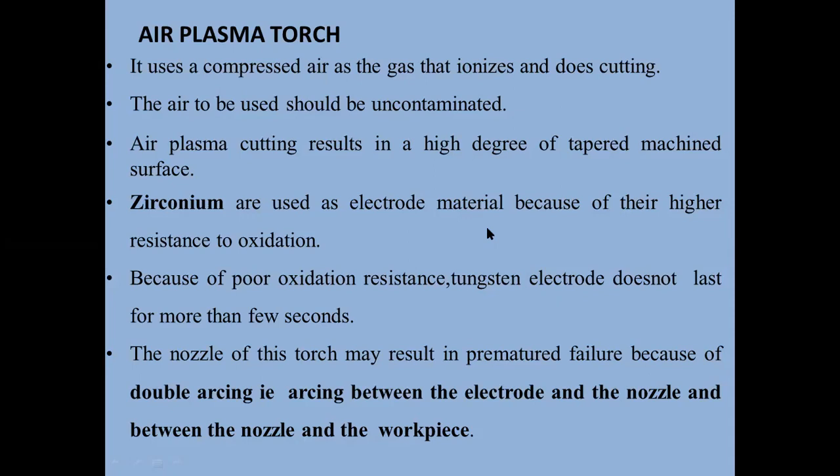Such contaminations should be filtered before we use air as the source of gas in an air plasma torch. Air plasma cutting results in a high degree of tapered machined surface. While cutting tapered surfaces, this air plasma torch plays a major role.